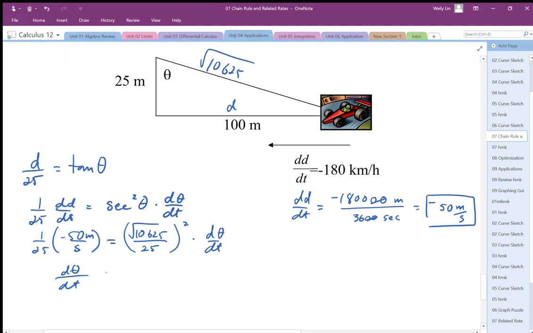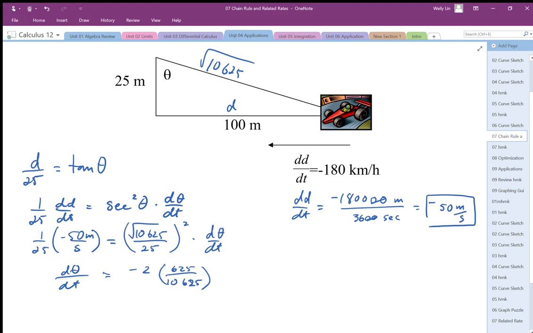That's going to be equal to negative 2, and then 625 over 10,625. Okay, so we can simplify that. I'm just going to punch that into a calculator, and that will give us radians per second.